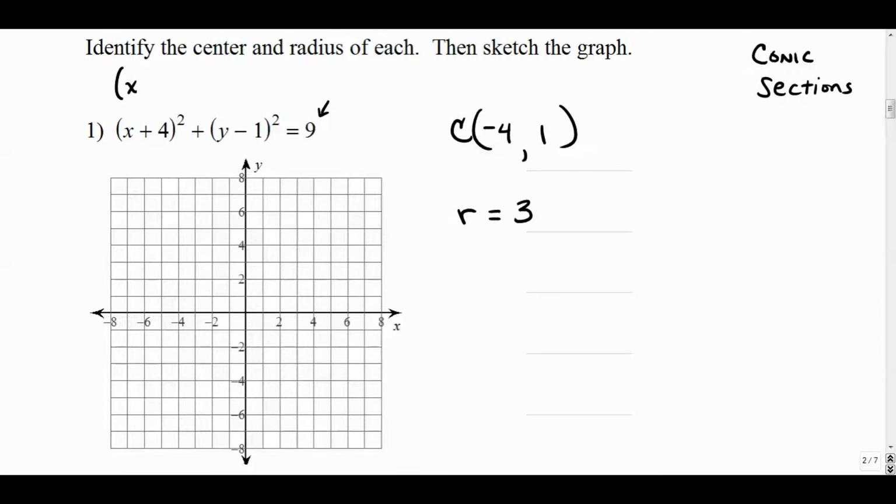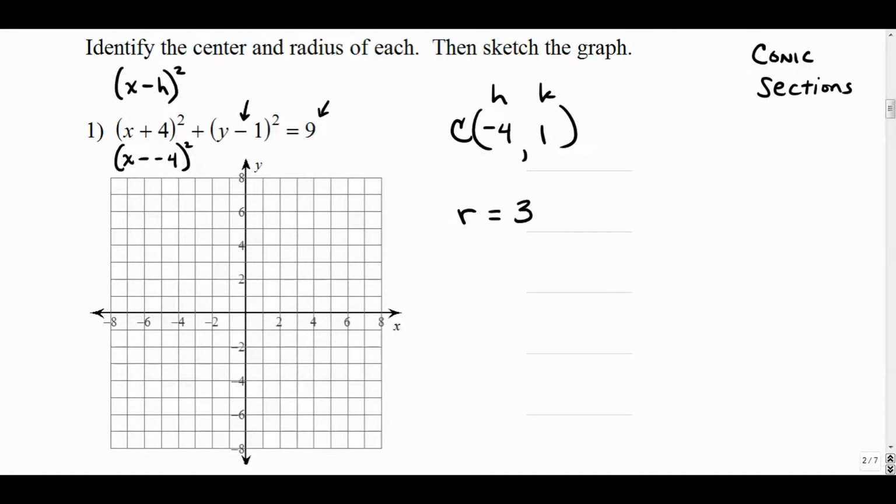Remember, the format is x minus h quantity squared, so if it's positive 4 down here, it's actually like saying x minus negative 4. So your actual h value is negative 4, and your k value, even though this is a negative, is a positive. It's just the opposite of what you see in the parentheses, basically.